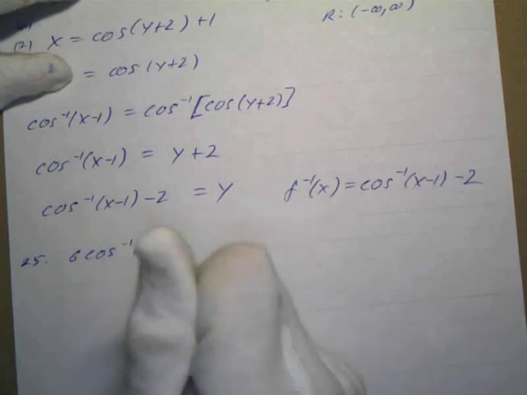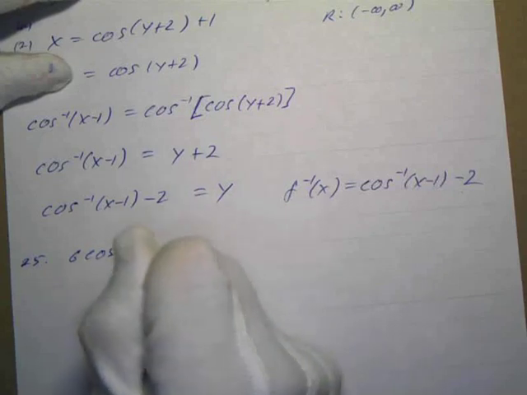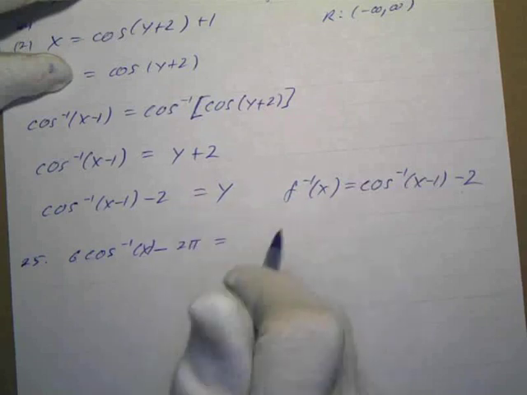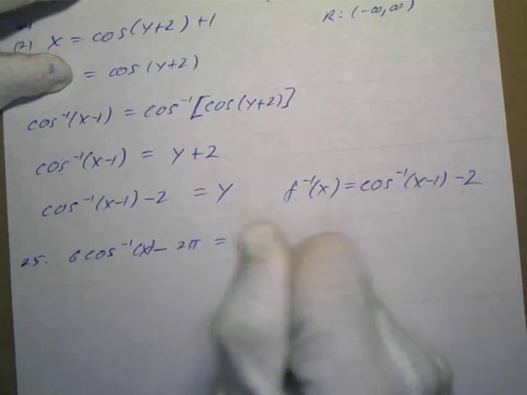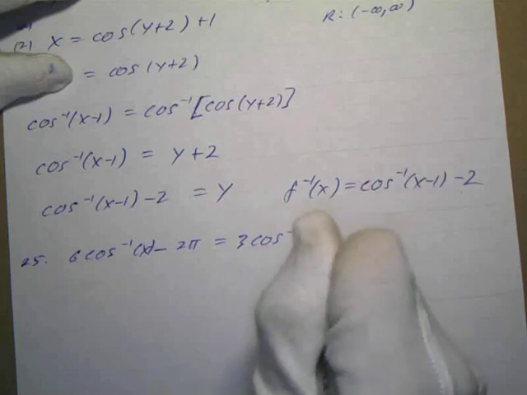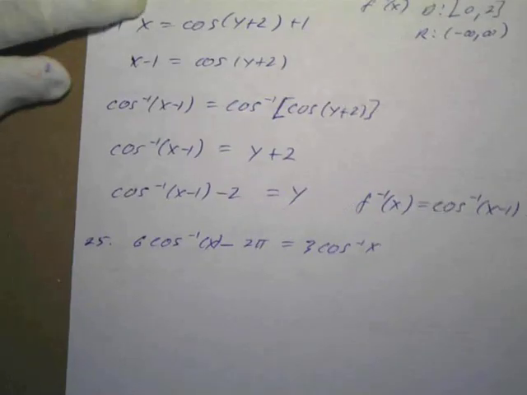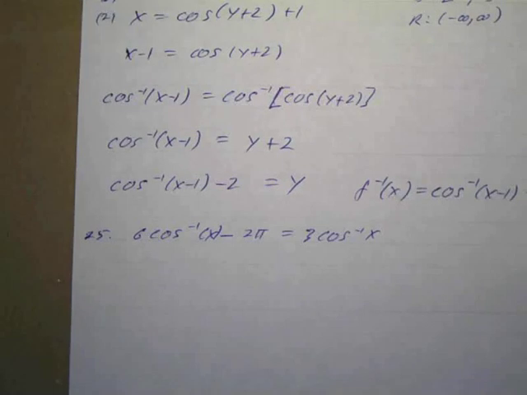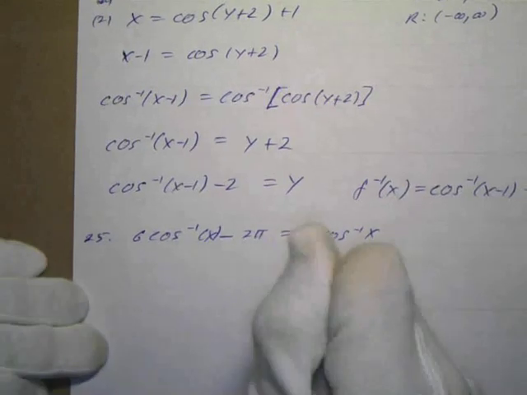So there's our equation. So we'll try to get all the cosine inverses together. So I'll just subtract that from both sides. So I'll just subtract my 3.